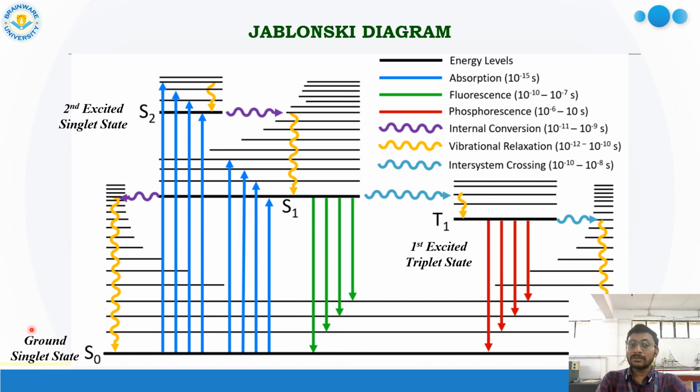The ground state is possible only one, which is this one, and this one is the first excited state of the singlet state. Then we have the second excited singlet state, like that. Triplet state in the ground state is not possible, so triplet T1 comes here. That is the first excited triplet state.